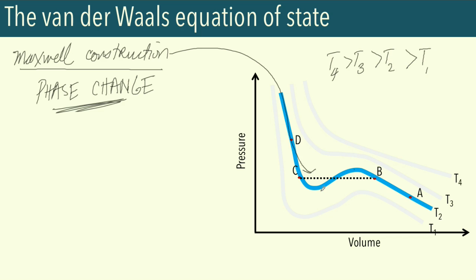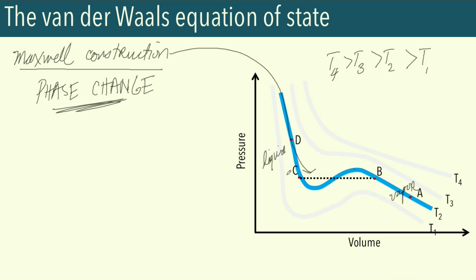If you have isotherms at lower temperatures, you start to see these curves here, these cubic equations where you have 3 roots. It's at these lower temperatures where you could start to observe some phase changes. At these lower volumes here, you start having your liquid phase, and over here is where you have your vapor phase.